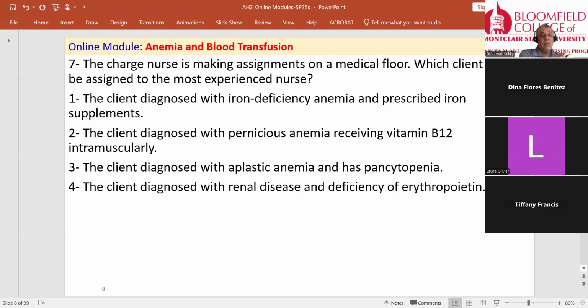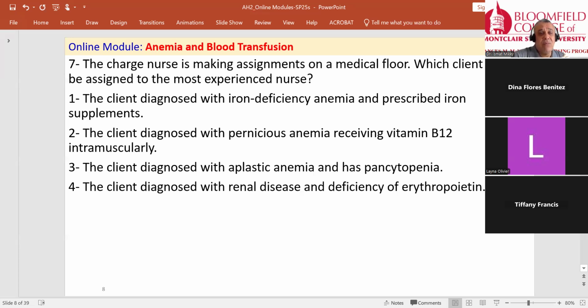Number one is not correct because the patient is diagnosed with iron deficiency anemia, already has medication for that, and is not having bad signs and symptoms like pancytopenia, where we have to be careful with bleeding and infections. Okay, we'll dissect the question in a different way.